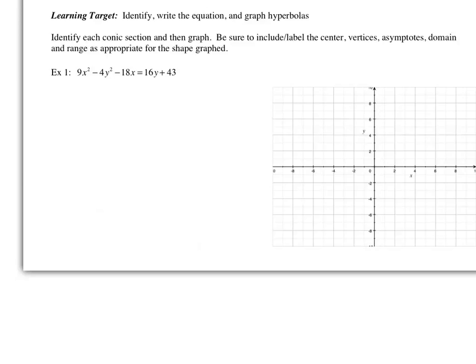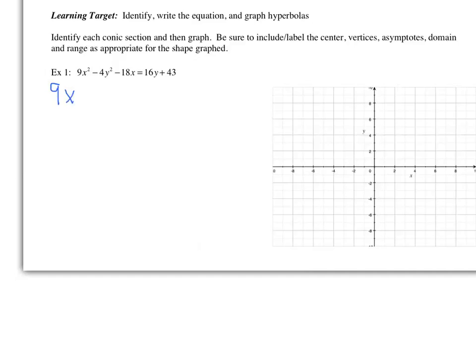Okay, so for problem 1, you can see this is a hyperbola because for the squared terms, there's an x squared and a y squared, and they have different signs. So the problem is this is in general form, and we need it to be in standard form in order to graph it. So we've done this before with ellipses. We're going to complete the square, so I'm going to put the x's together.